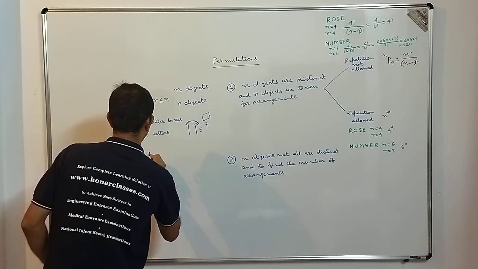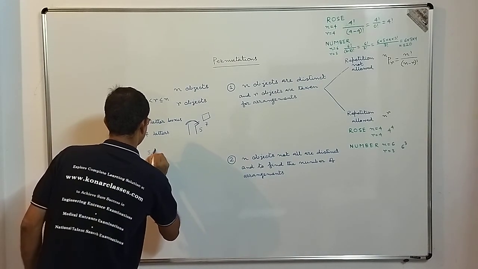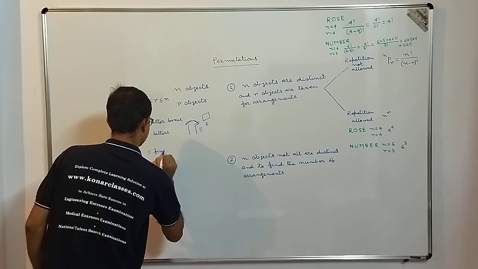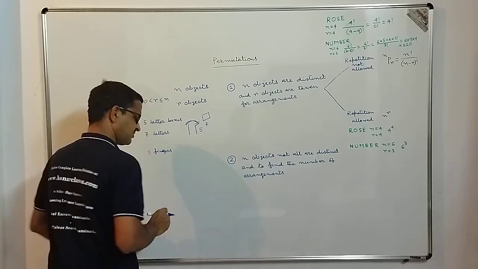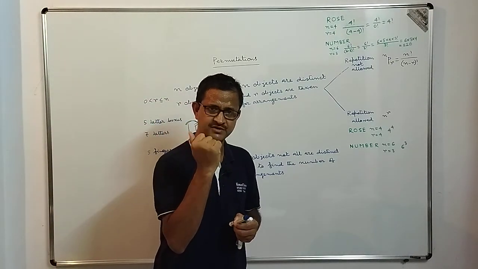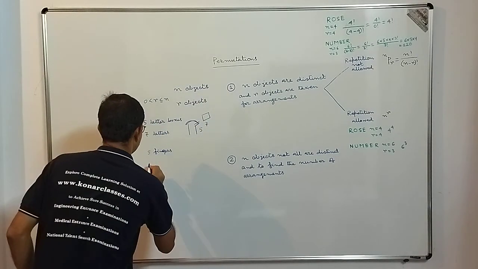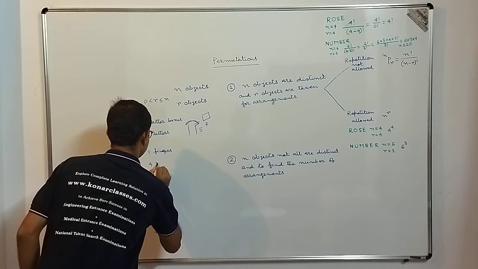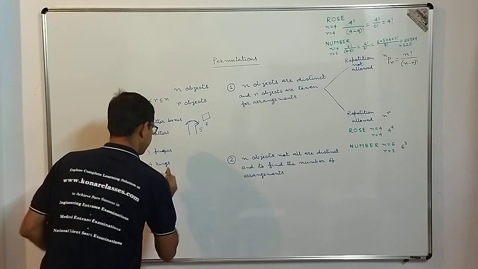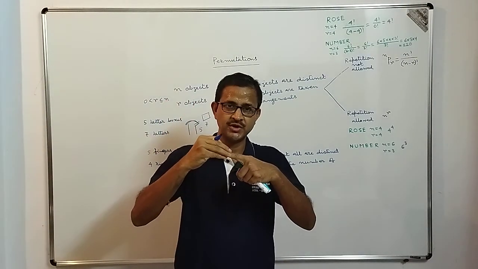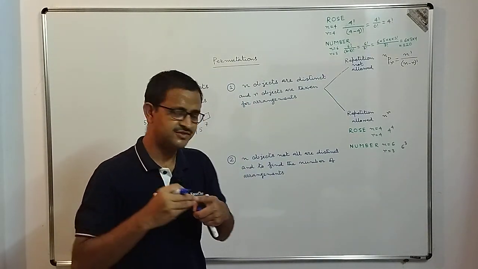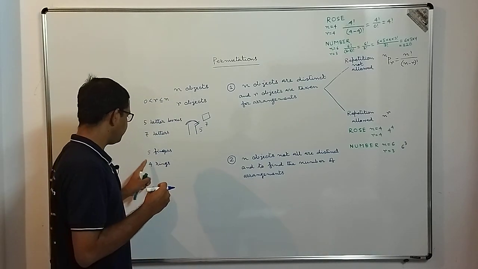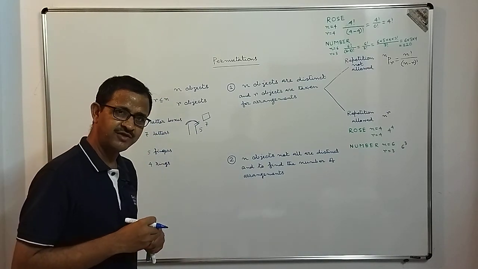Let me give you another example. Suppose there are 5 fingers, these 5 fingers, and there are 4 rings. In how many ways can the 4 rings be kept on the 5 fingers?